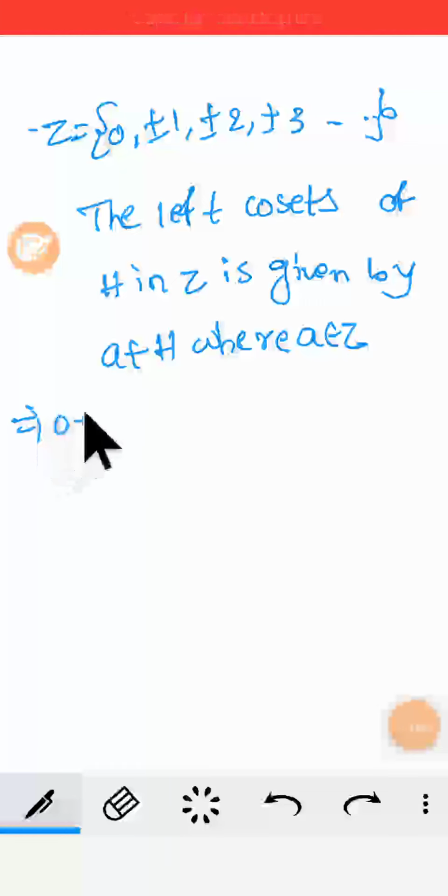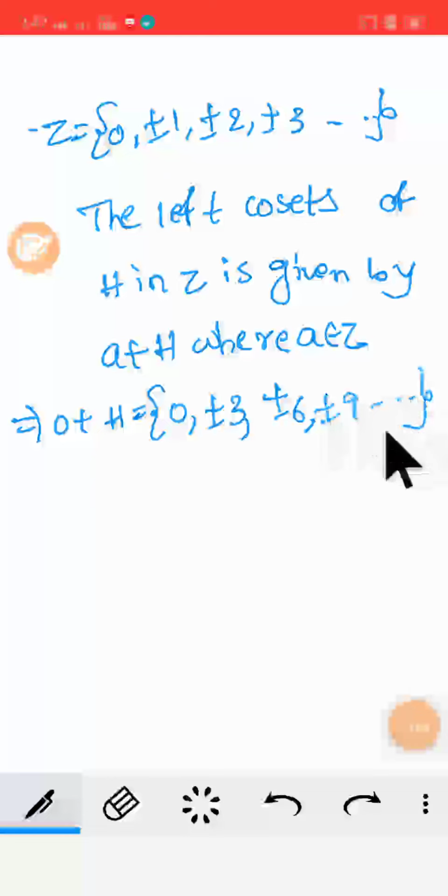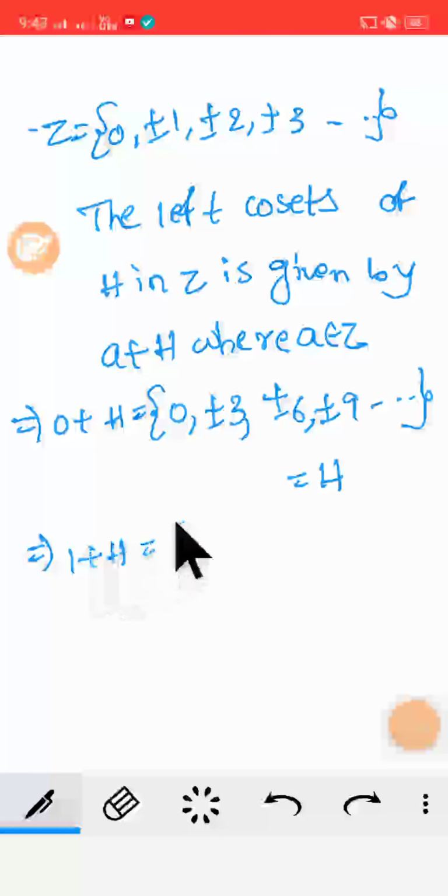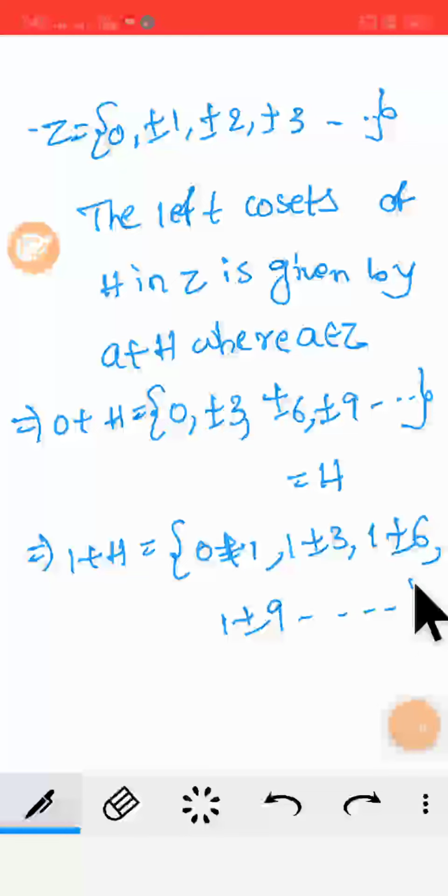0 plus H equal to 0, plus or minus 3, plus or minus 6, plus or minus 9, and so on, equal to H. 1 plus H equal to 1 plus 0, 1 plus or minus 3, 1 plus or minus 6, 1 plus or minus 9, and so on.